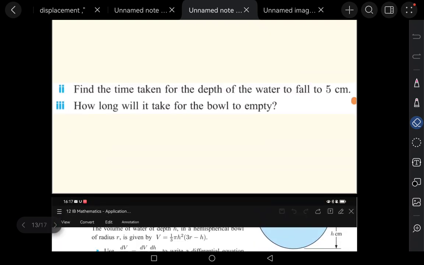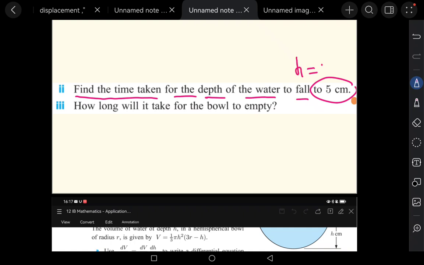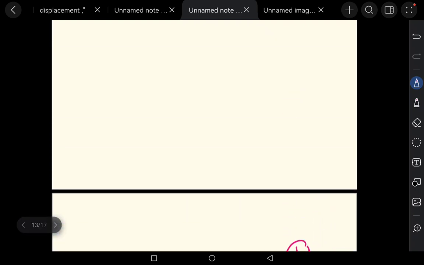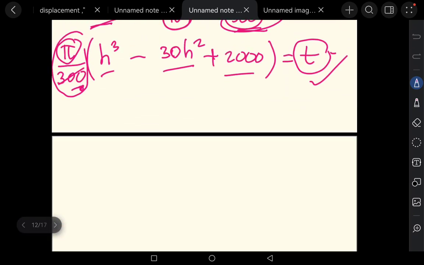Find the time taken for the depth of the water to fall to 5 cm. So the depth to fall to 5 cm means the height is 5 cm. So when the height is 5 cm, you insert 5 cm here.